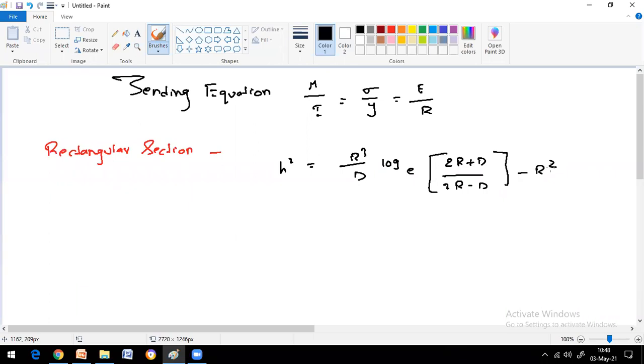So this is a curved beam which is having a rectangular cross section. For solving the problems you need the h square value. Please note down that; while solving the problems you will come to know what exactly this is.